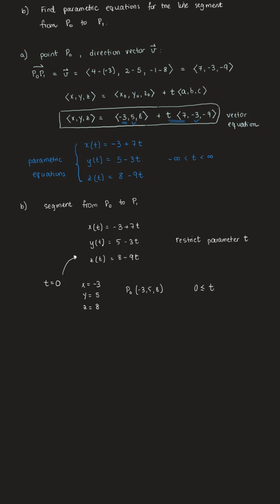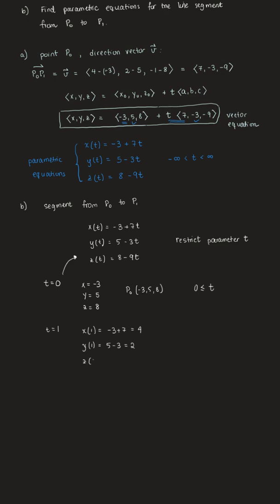Now, in this case, because we found our direction vector from the 2 points, we know that if I plug in t equals 1, that should get me P sub 1. Let's check it. If it doesn't, we can figure out what value of t will give us that. So when I put in 1 for t into the parametric equations, we have -3 plus 7 times 1, which gives me 4. y of 1 is going to be 5 minus 3, which gives me 2.